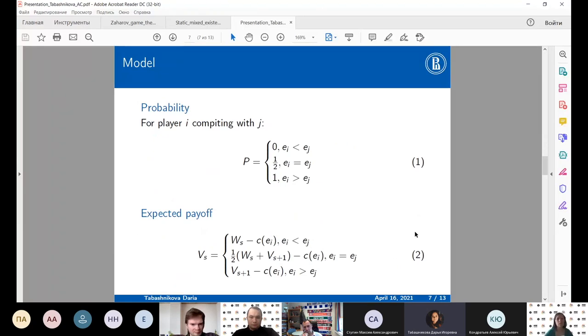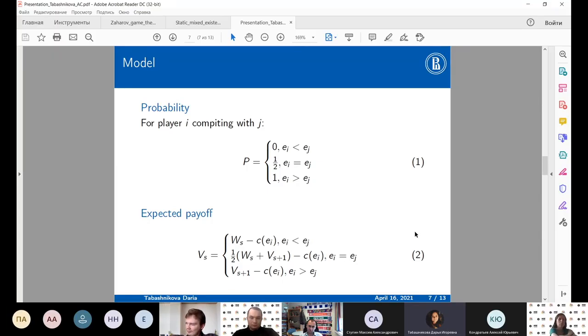So we design probability as an all-pay auction. You can see it on the slide by number 1, and we created the expected payoff in such a way that V is the expected payoff for player i at the stage c, and W is the prize which the player gets if he is eliminated at this stage c.